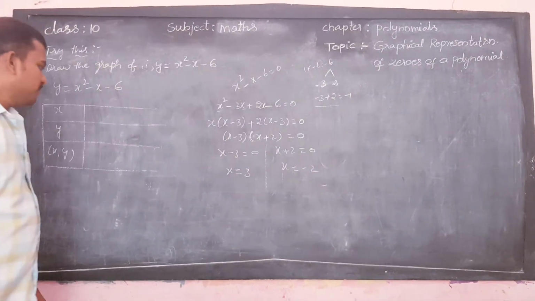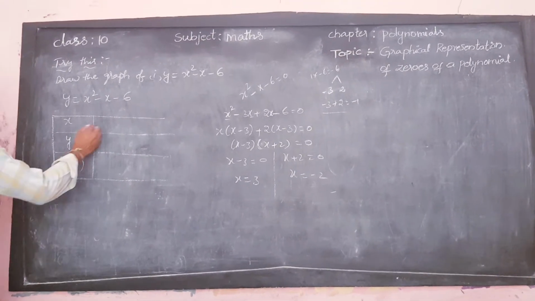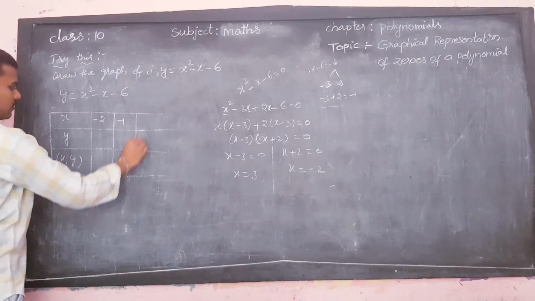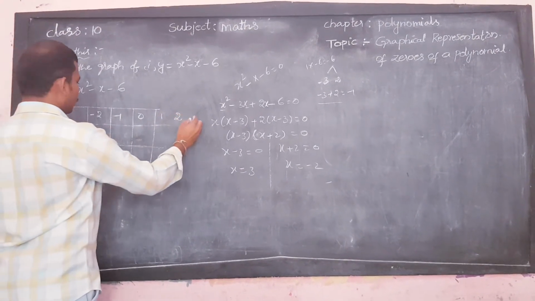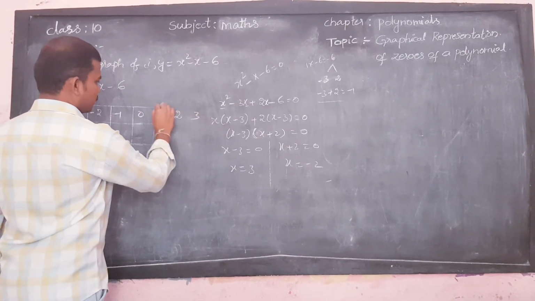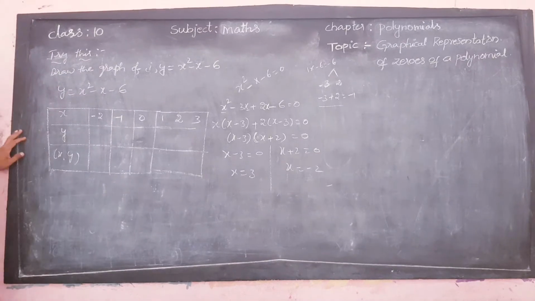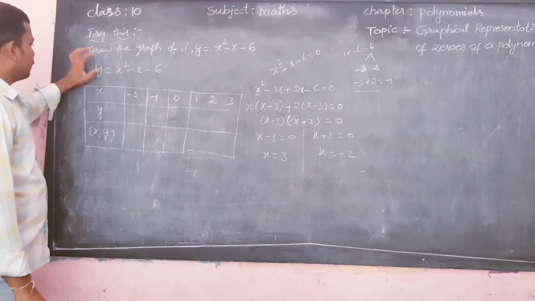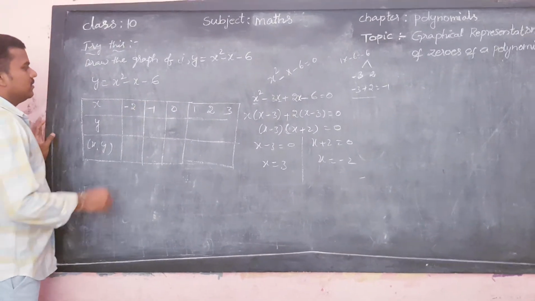So take x values in order: minus 2, minus 1, 0, 1, 2, 3. Put x values in y is equal to x square minus x minus 6.